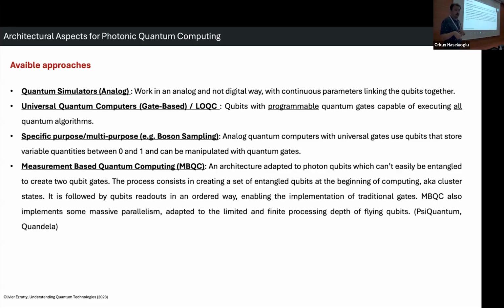But in TÜBİTAK, for example, there are some task-specific CPU-like structures built here in Aselsan, in other companies. We call them specific purpose systems. So you can already build them with photonic computers.